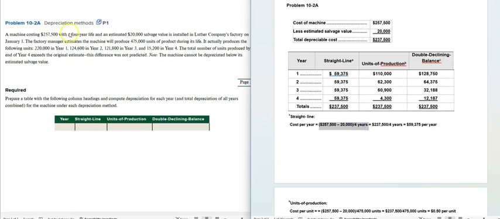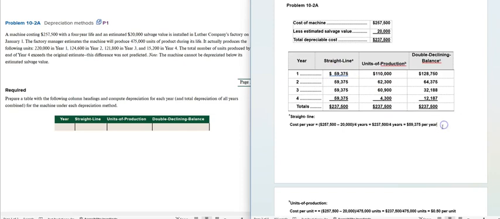This machine is expected to last 4 years. If we divide the depreciable cost by 4 years, we have determined we are going to depreciate $59,375 per year under the straight line method.